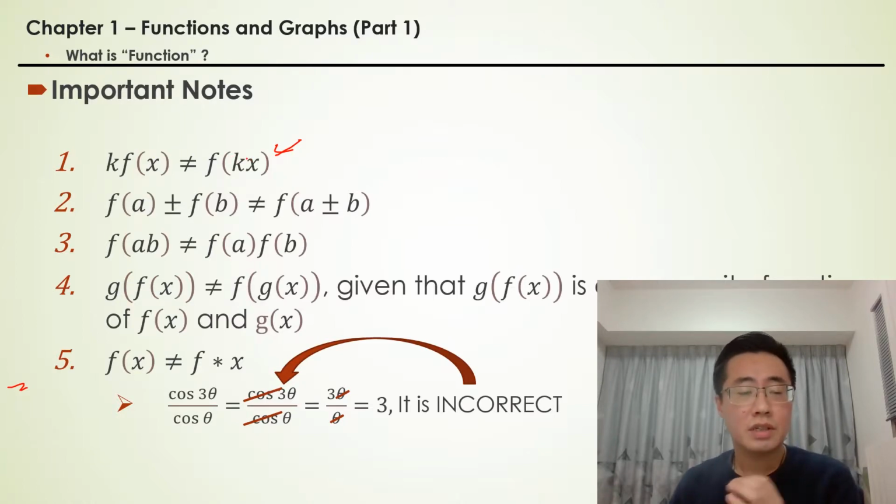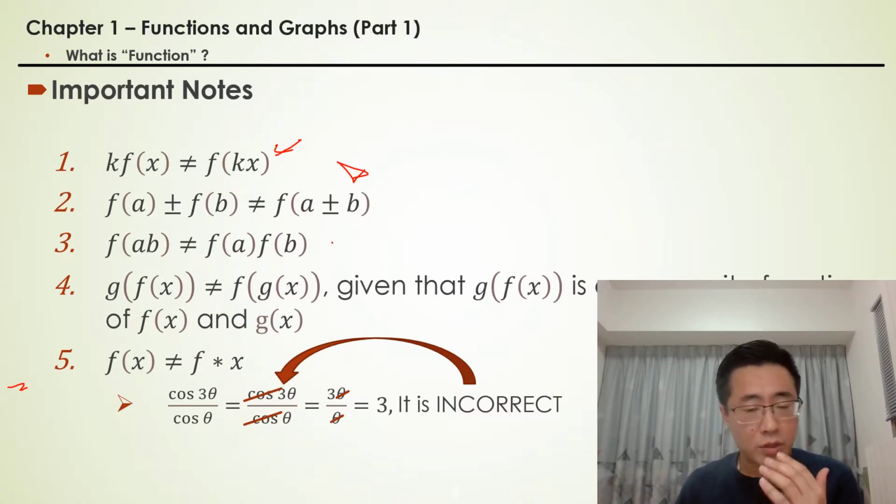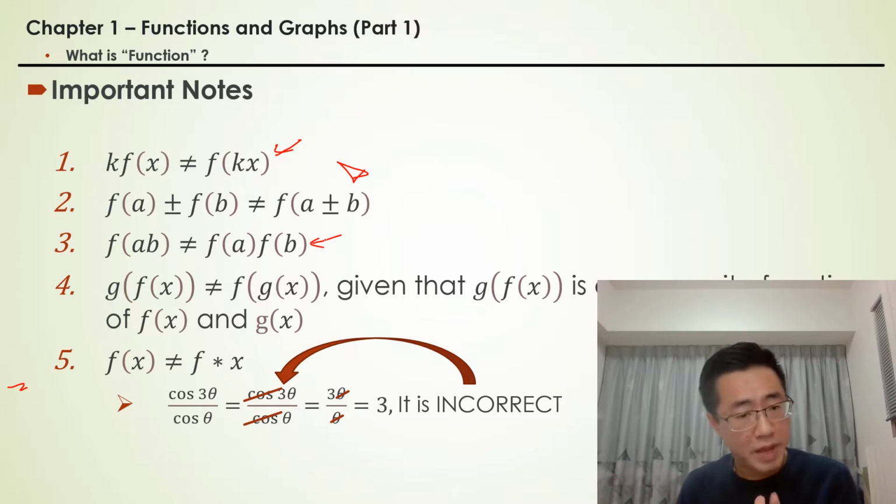In other words, the arithmetic operations on the variable here do not apply to the whole function, generally. And similarly, if you look at the second formula here, f(a) plus or minus f(b) is not equal to f(a plus or minus b). Similarly, the multiplication here doesn't really apply to the function at all. Please bear in mind these important misconceptions.